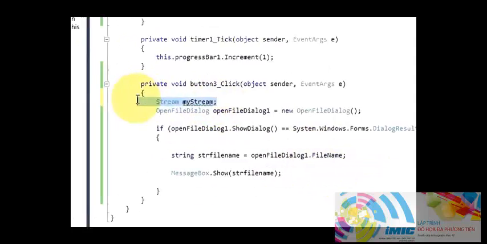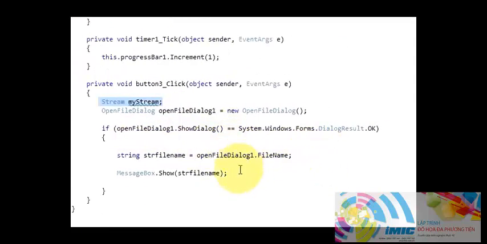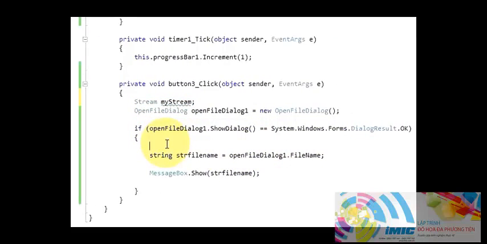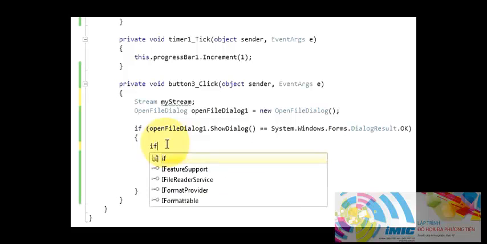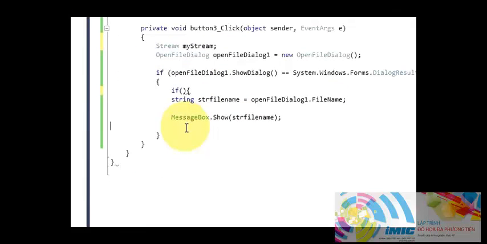So I declared this stream variable, and inside this if statement I will declare an if statement once again, and close it, and in that if statement I leave these two lines of code.